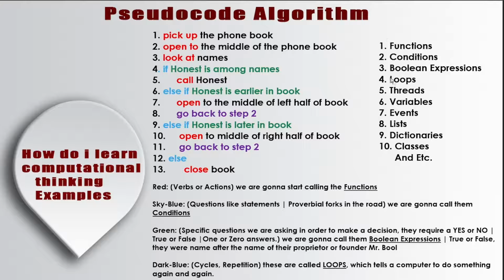These are the major concepts of computer programming, even though we also have things like threads, variables, events, lists, dictionaries, classes, and in other programming languages they are different. They are called maps, and you name it, many other concepts. But the major concepts that embed computer science are these first four: functions, conditions, boolean expressions, loops.